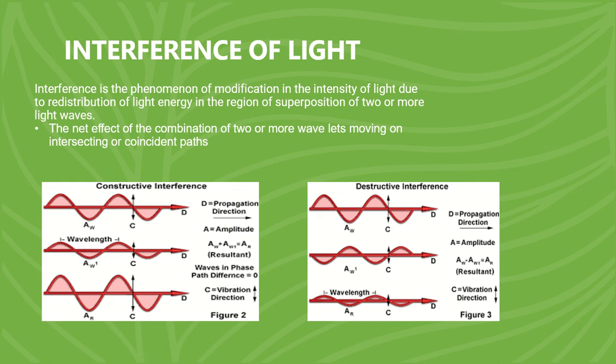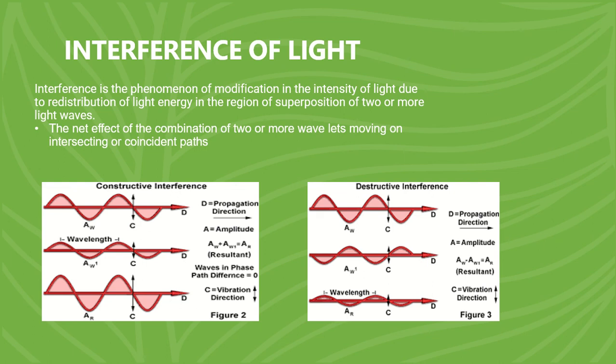As you can see in the first image, in case of constructive interference, the two waves add up, and hence there is an increase in the amplitude and also in the intensity of light. There is an increase in the light energy because of the superposition, the adding of two light waves.